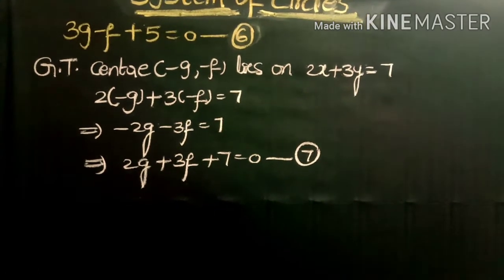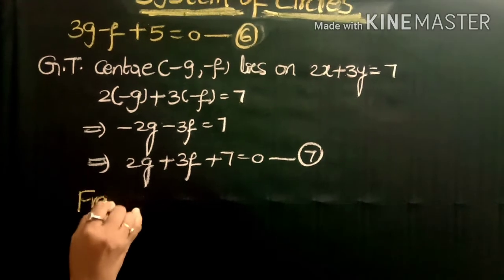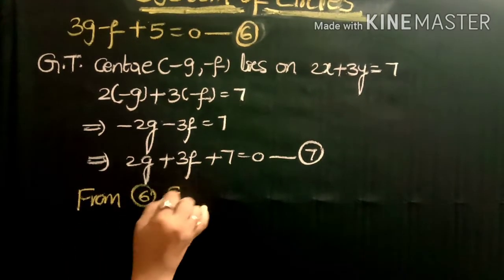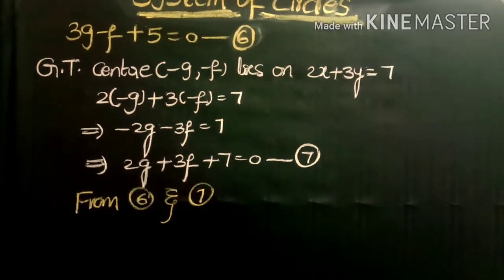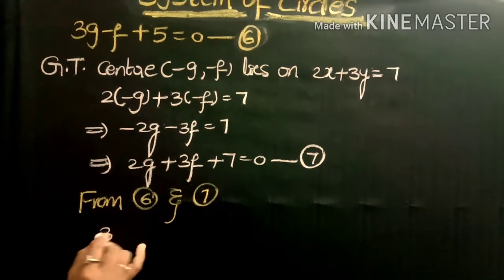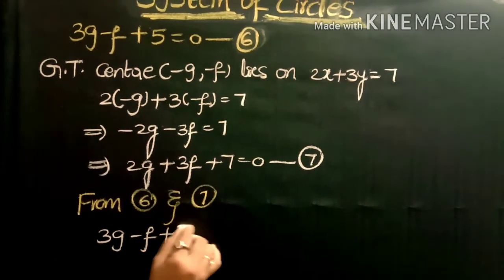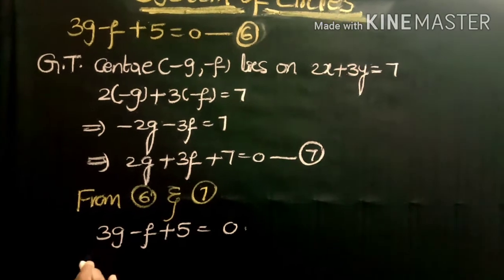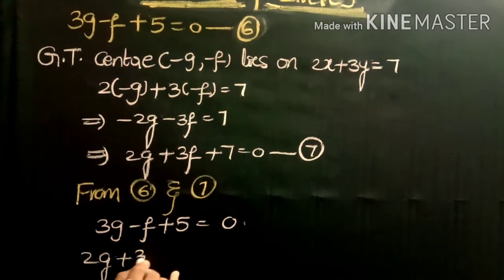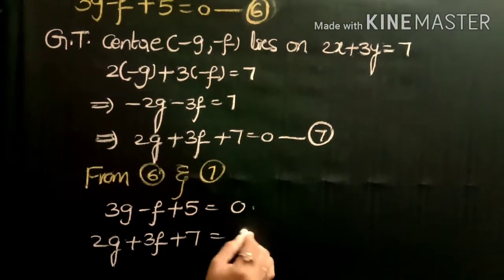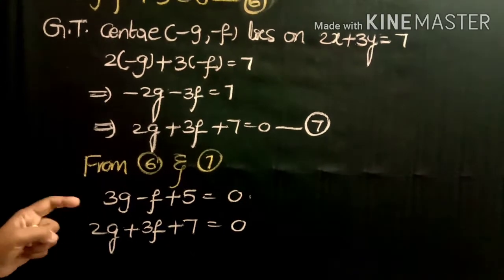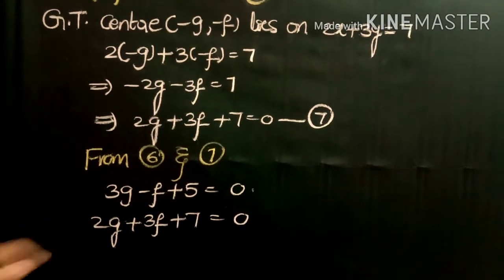Now we are solving equations 6 and 7 to find the values of g, f. The sixth equation is 3g minus f plus 5 equals 0, and the seventh equation is 2g plus 3f plus 7 equals 0. To solve these two equations, we apply the point of intersection method.